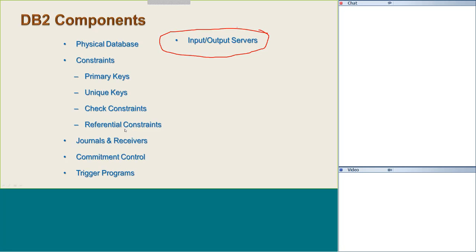The input-output servers, together with the trigger programs, together can make your database completely impenetrable to anything except authorized programs, and it can be done without requiring any effort or management by anybody on your part. It becomes a natural consequence of how you put these together, and of course, details of those to follow.